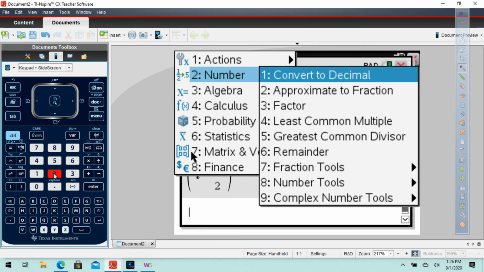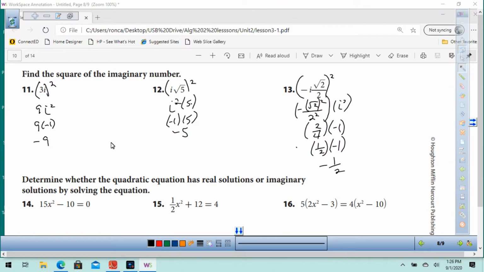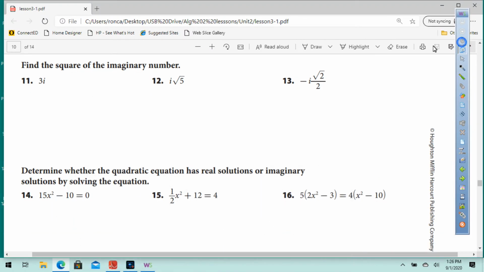Menu, 2, 2, negative 1/2. All right. I was worried there for a second.